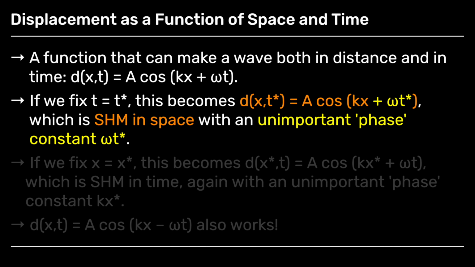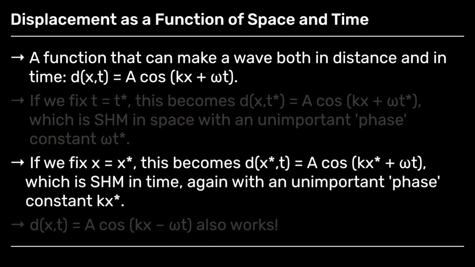On the other hand, if we start with the same d of x and t, and now we fix x at some particular point, x star, then the displacement is just A times the cosine of kx star plus omega t, which is simple harmonic motion in time, again, just with an unimportant additional phase constant of kx star.